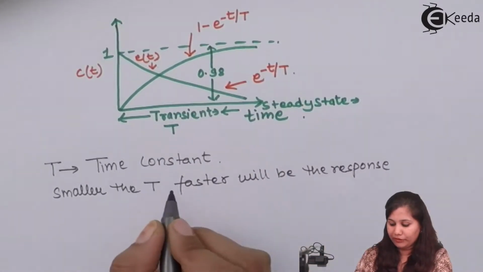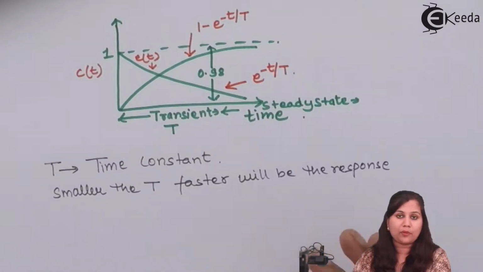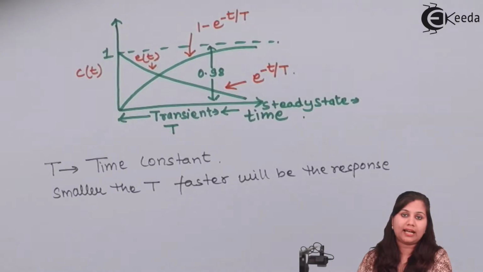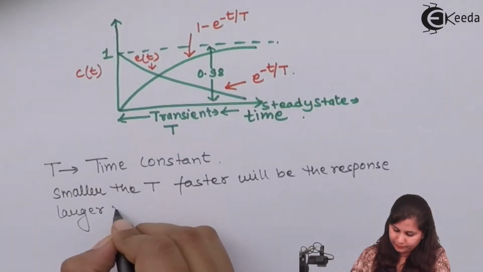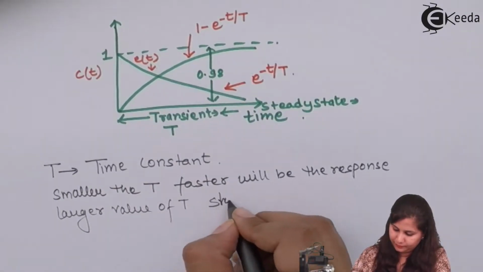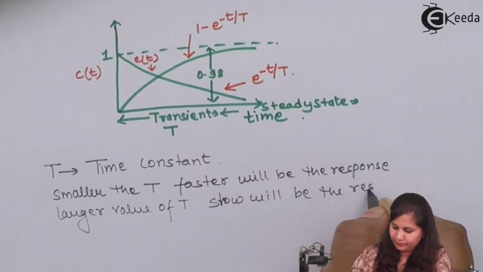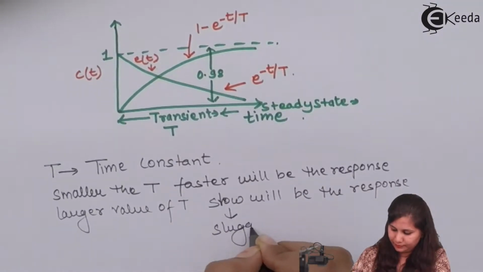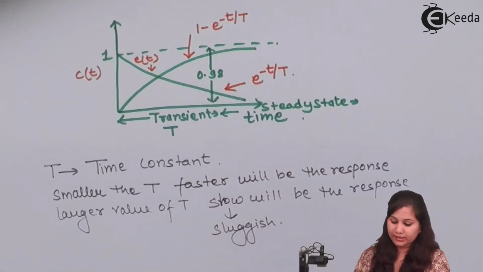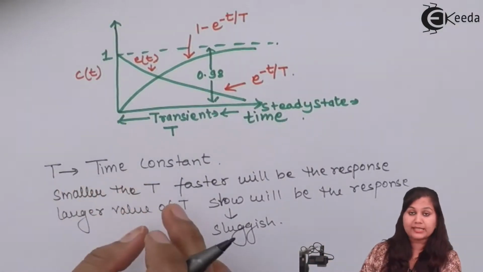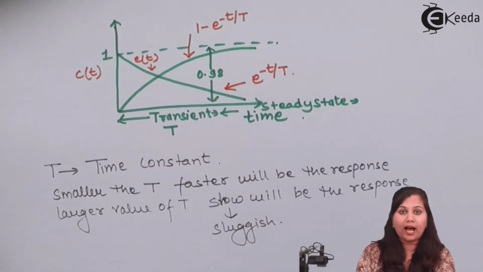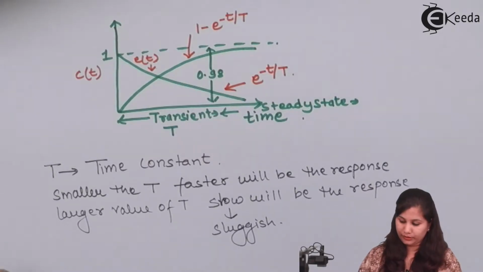And if the value of T is large, then the response of the system will be slow, or we can say that the response of the system is sluggish. So the time constant shows how quickly the system responds and how quickly the system reaches its steady state value.